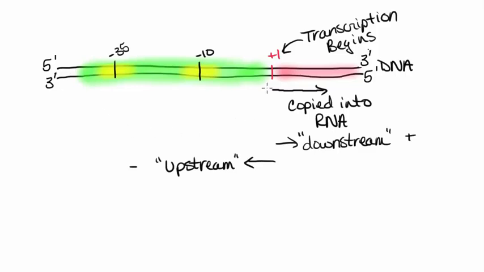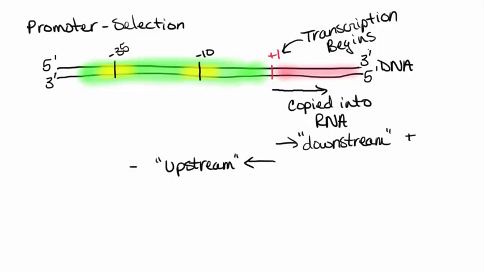If we focus now on what's shown in green, this is what we refer to as the promoter region. The promoter region's job is to help with that whole selection process, helping the cell to decide which genes we actually need to make a copy of RNA from.